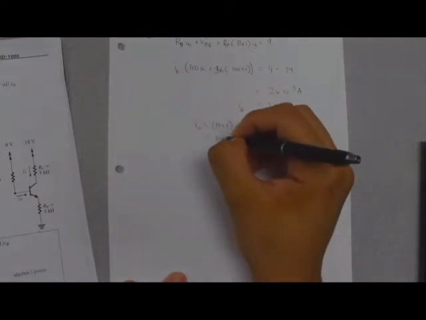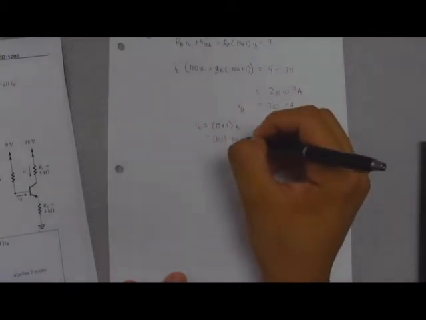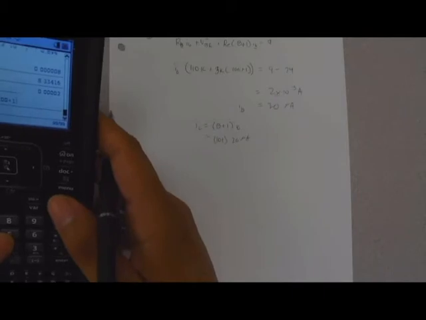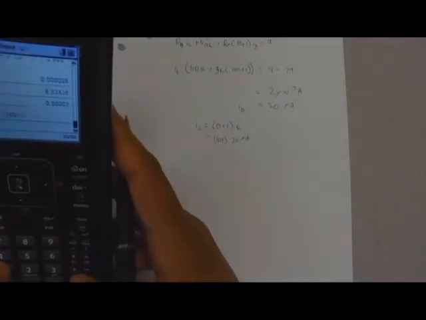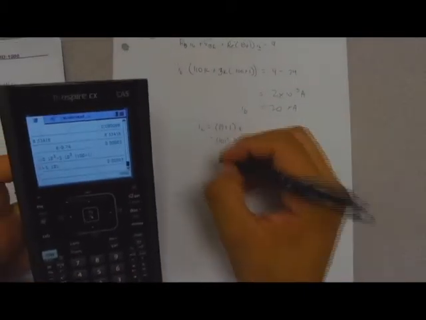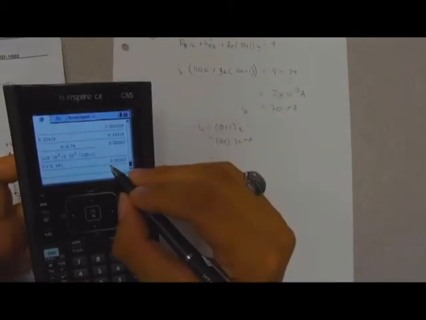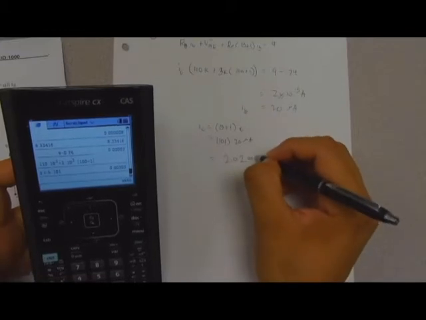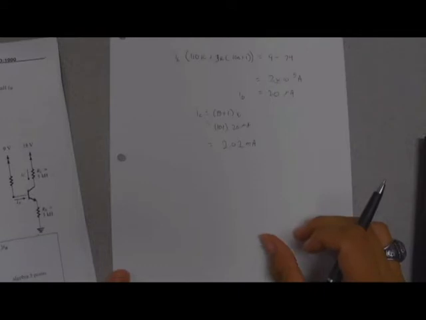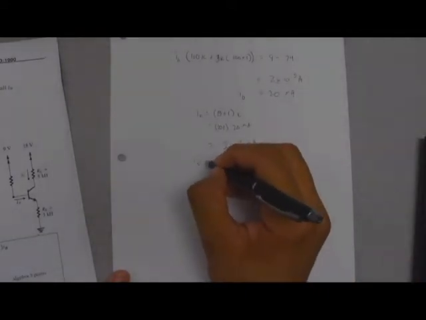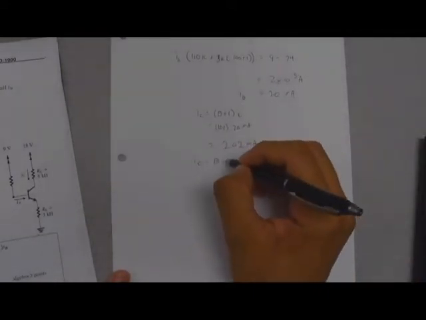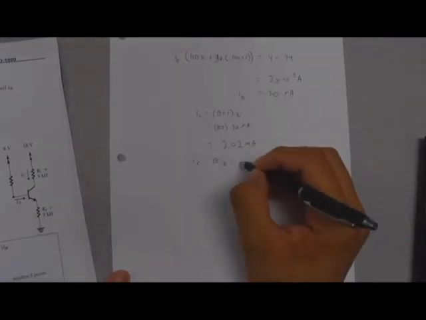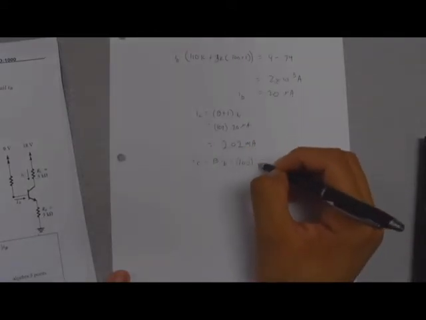So 101 times 20 microamps is going to be 2.02 milliamps. And since IC is equal to beta IB, you can also do 100 times 20 microamps.